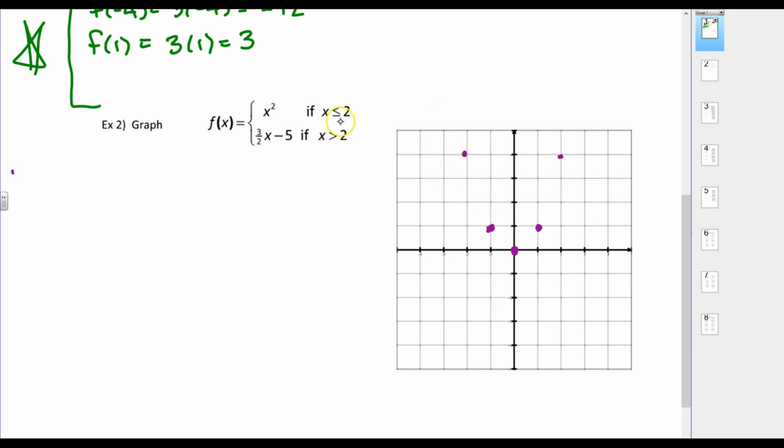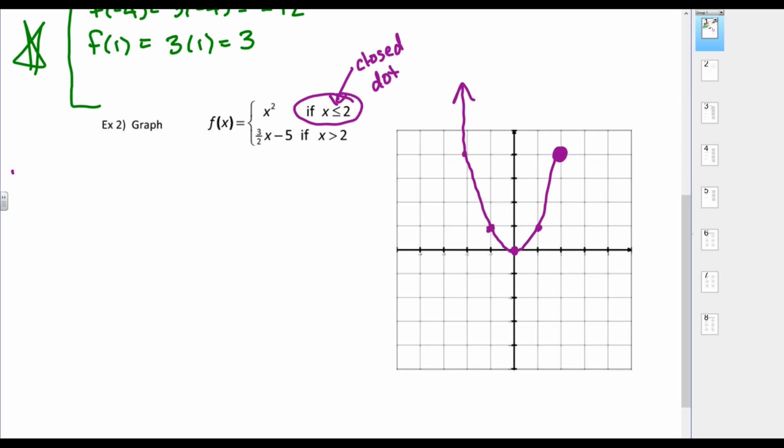But I only need it when x is less than or equal to 2. The less than or equal to 2 tells me you're going to have a closed dot on 2. Boom. And that's where my function's going to end. But then we're going to back up and do everything that's less than or equal to that. So that's that piece of my function.